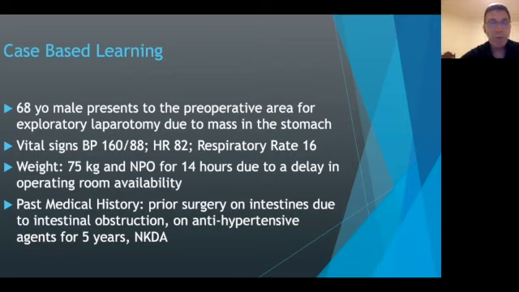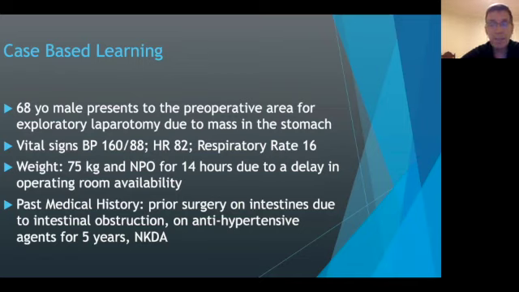He's been NPO for 14 hours, which is a long time, due to a delay in operating room availability. His past medical history: he had prior surgery on his small intestines. He had an intestinal obstruction at one time, and they had to do a bowel resection on him. He's been on antihypertensive agents for 5 years, but he really doesn't know what he's taking.